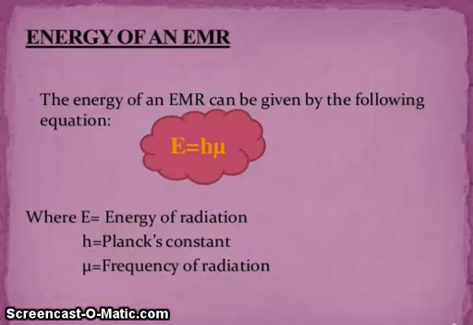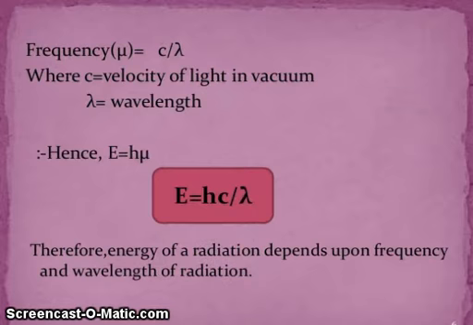Now friends, energy of an EMR, electromagnetic radiation. The energy of an EMR can be given by the following equation: E is equal to h nu, where E is the energy of radiation, h is Planck's constant, and nu is the frequency of radiation.